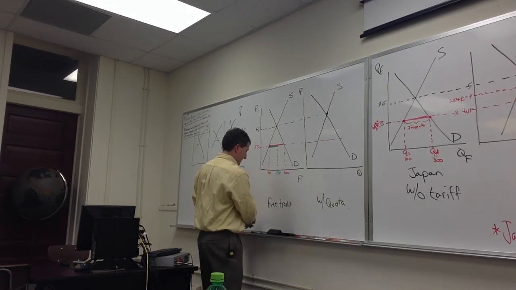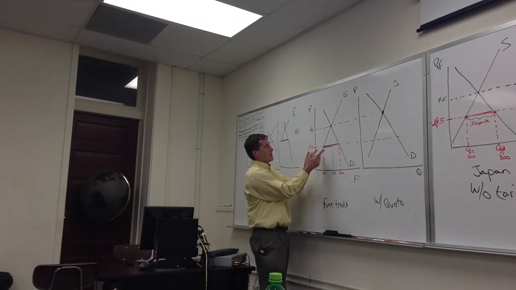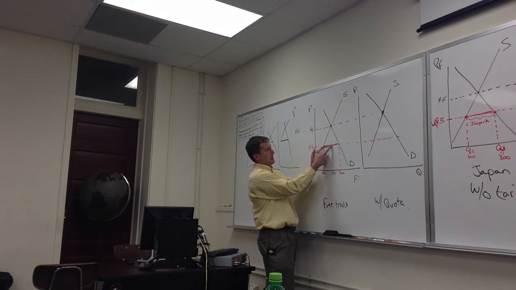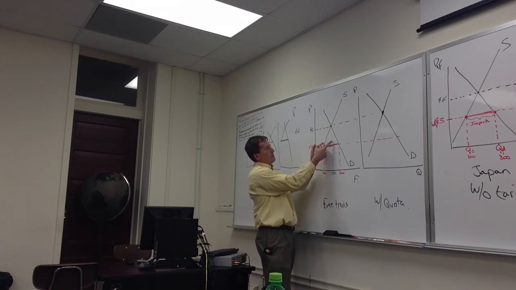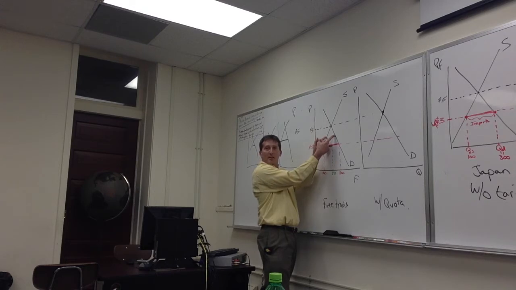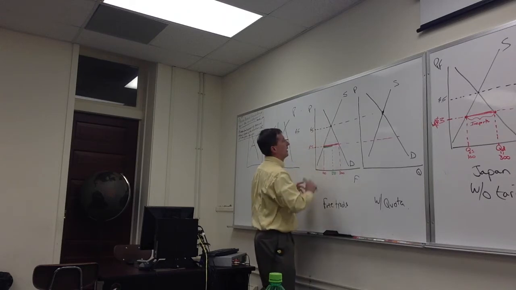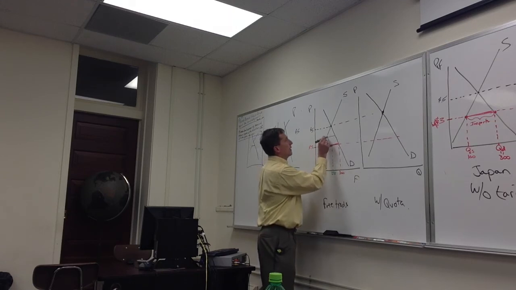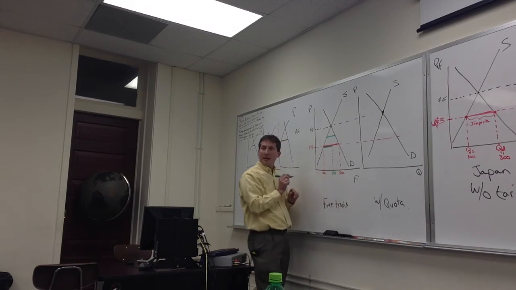And if you'll visualize with me, you don't get this out of the textbook even though they do the same analysis, but I want you to take this horizontal bar and start drifting it up. Up, up, up, until it gets wedged in between these two, because at this point the quantity demanded equals the quantity supplied.